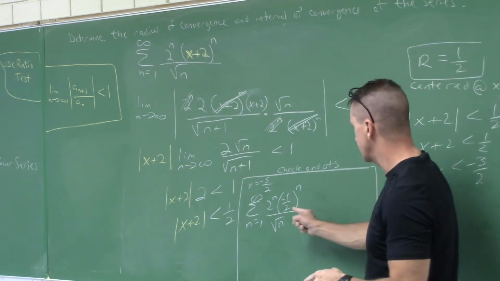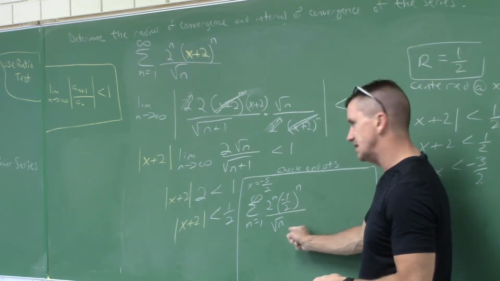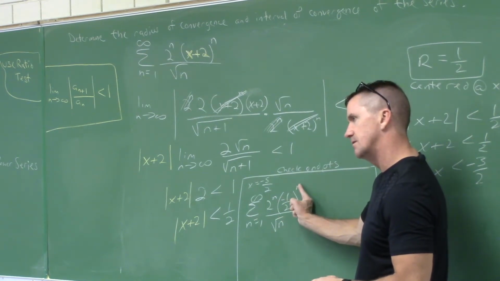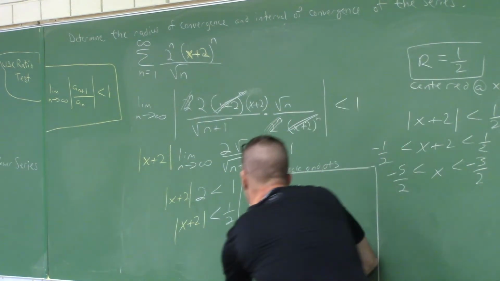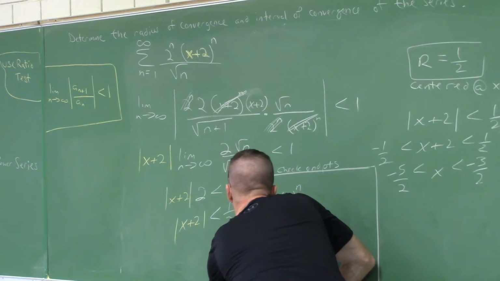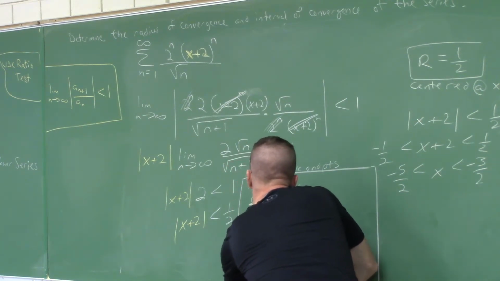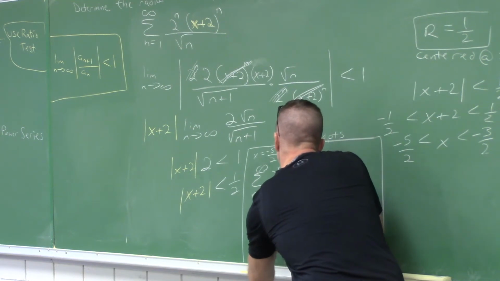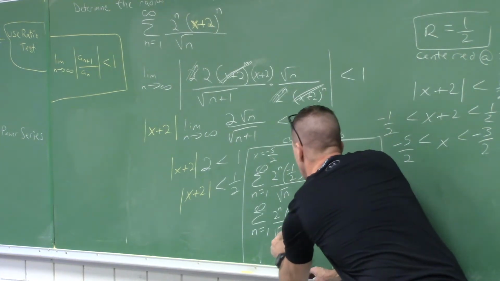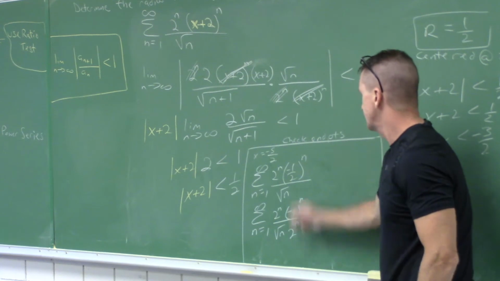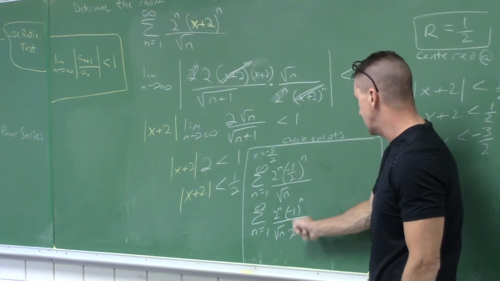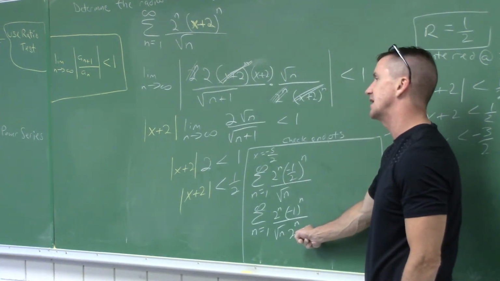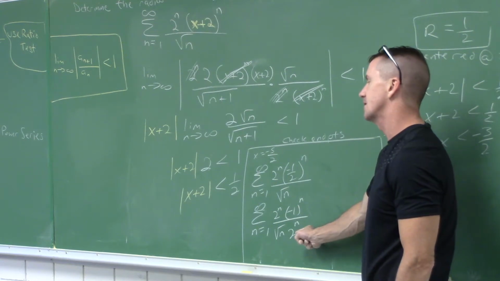Can I put that 2 to the nth in the denominator and leave the -1 to the nth in the numerator? That's what I'll do, because I think something cancels. Watch this. Leave the -1 to the nth up here, and right next to that square root of n, I'll put that 2 to the nth down in the denominator. See how this was upstairs and I put that downstairs with that. So you could see what cancels.